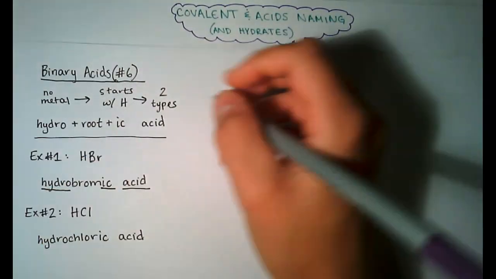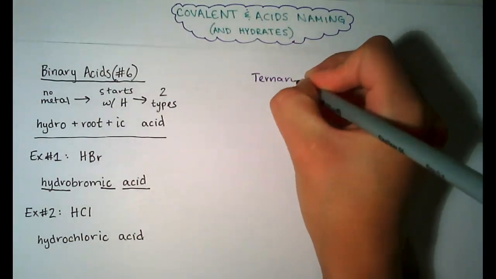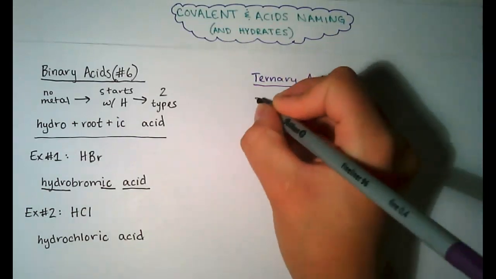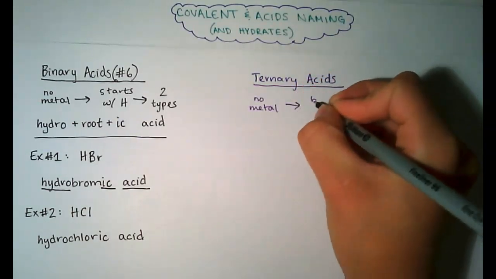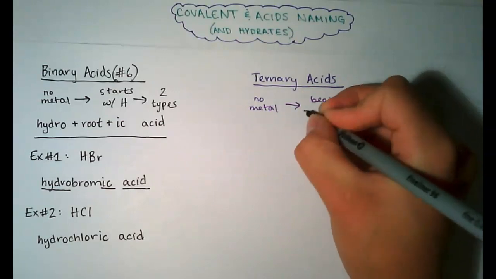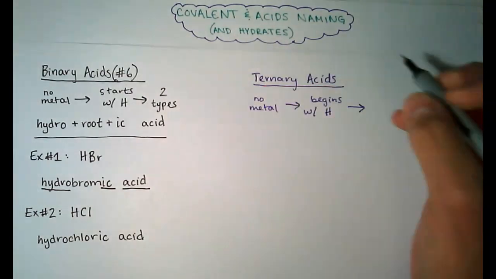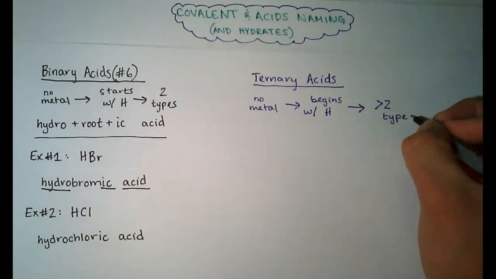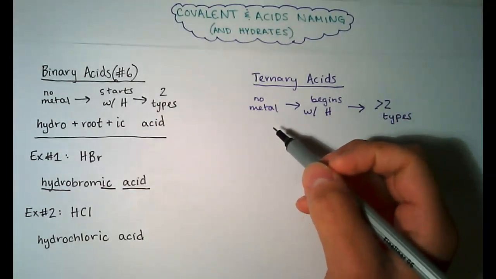And then lastly, we have ternary acids. It's the same sequence as over here. There's no metal. It begins with hydrogen. But instead of having just 2 types of elements, we'll have more than 2 types. And for ternary acids, the naming rule is actually simpler.